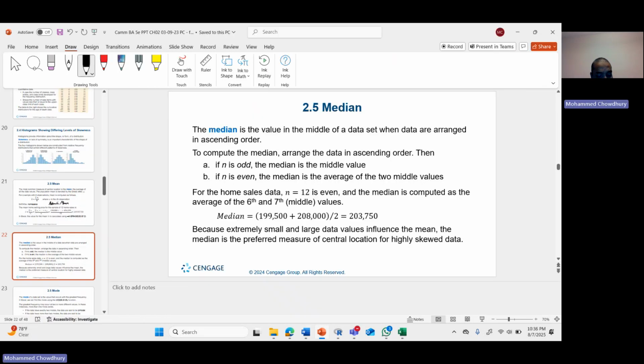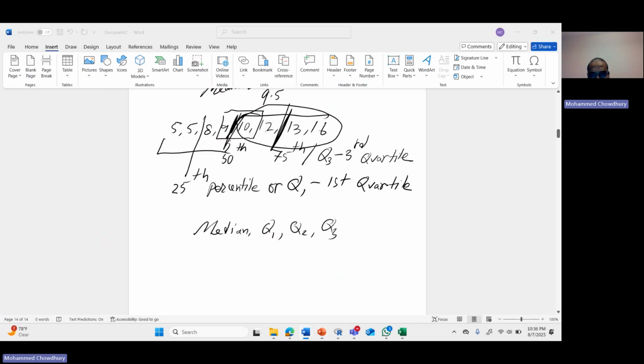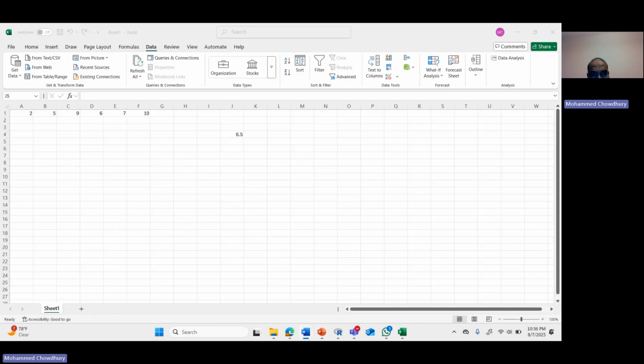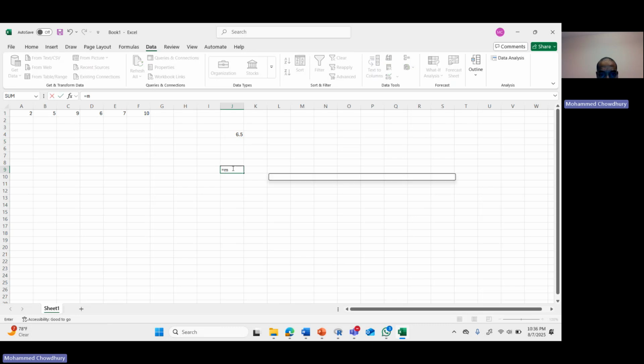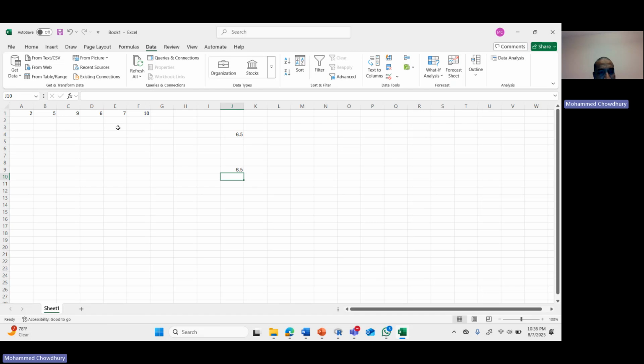After the median, if I want to find the median, let me go to that place. If I write here median and then hit enter, 6.5 is the median. Why? Because of the values 5, 6, 7, 9 and 10: 6 plus 7 divided by 2 equals 6.5.